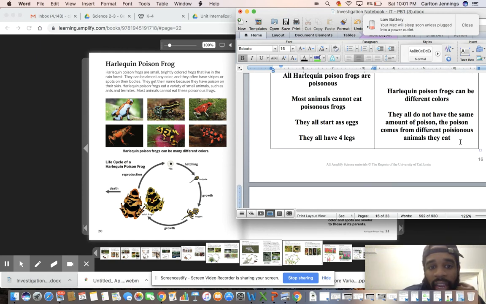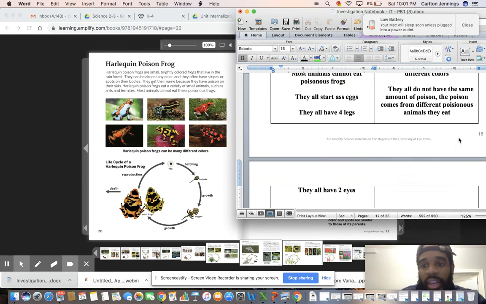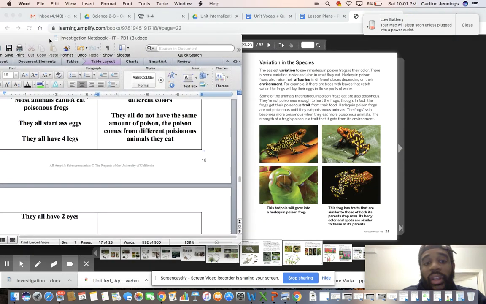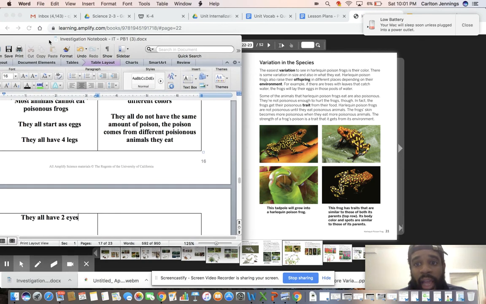And for variations, we see that they're different colors. We see that their poison can be different. We also know that the similarity, they all have the same life cycle. What else can we find here for variations?